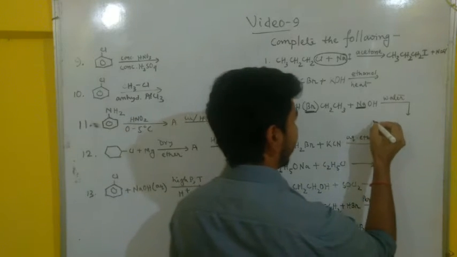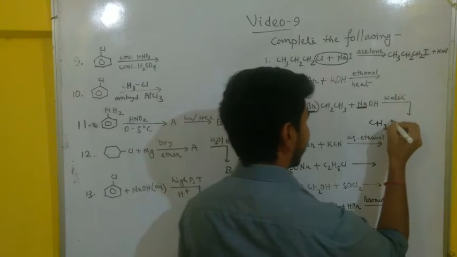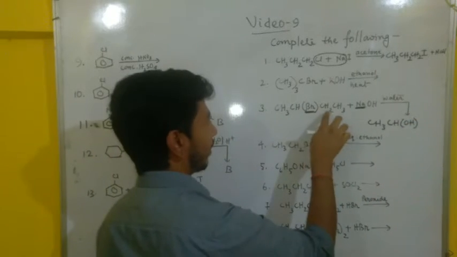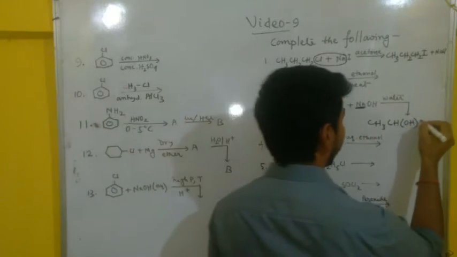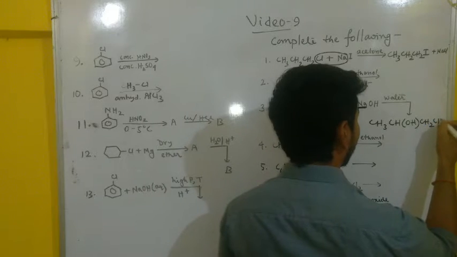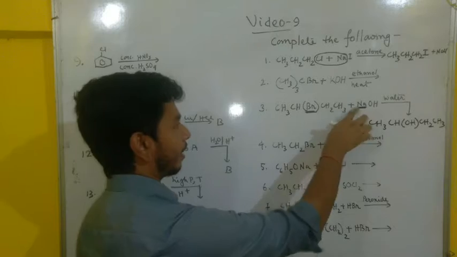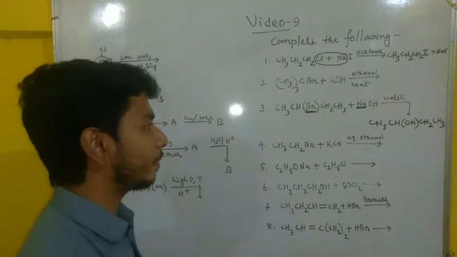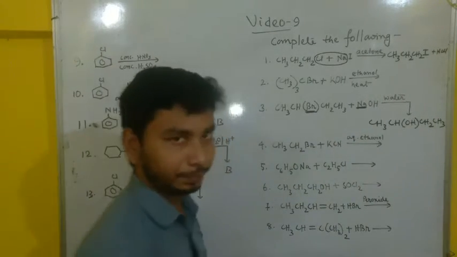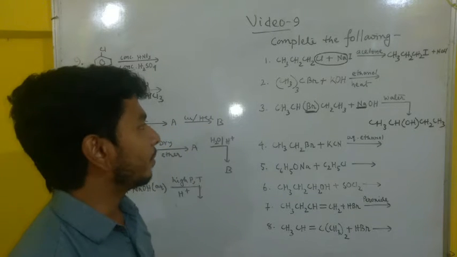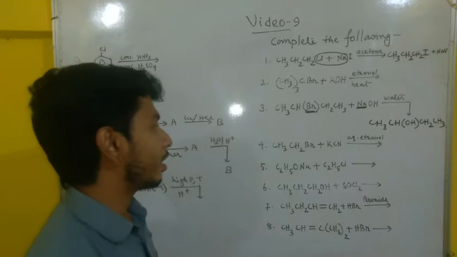The product will be CH3CH(OH)CH2CH2CH3, and the side product is NaBr. The side product you may skip or you may also write. It is not necessary to write the side product.